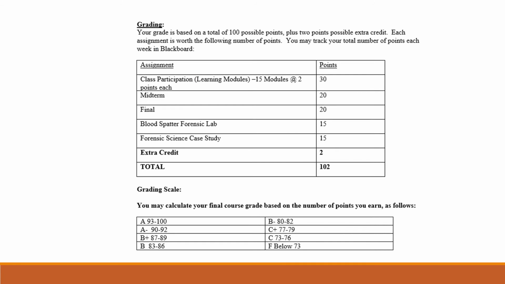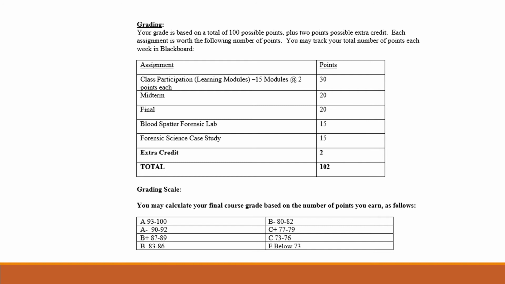Grading for this class is based on the following assignments. There'll be 15 learning modules, one a week, and each of those learning modules is worth 2 points for a total of 30 points. There's going to be a midterm worth 20 points, a final exam worth 20 points. One lab called the Blood Spatter Forensic Lab worth 15 points.